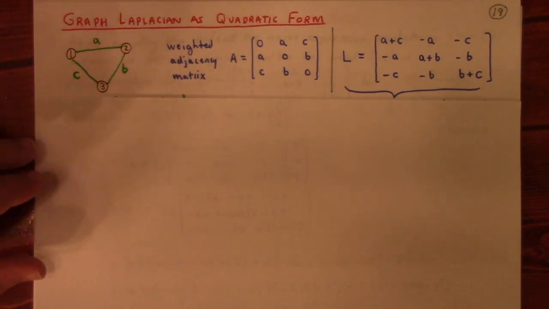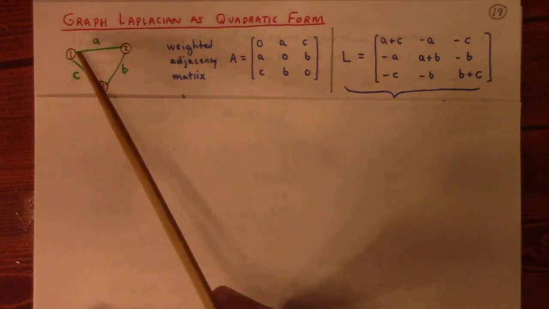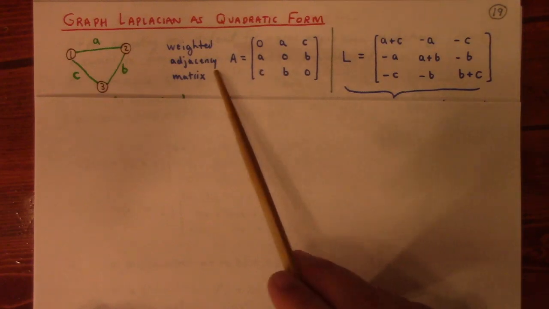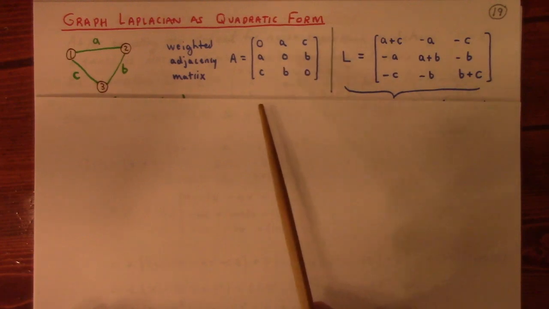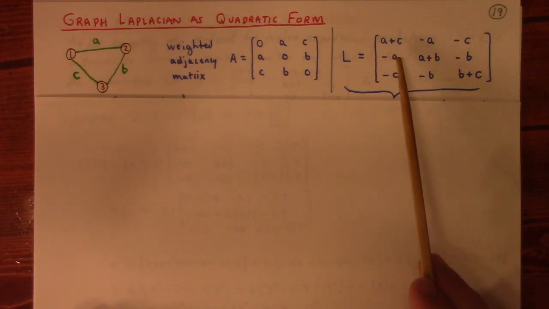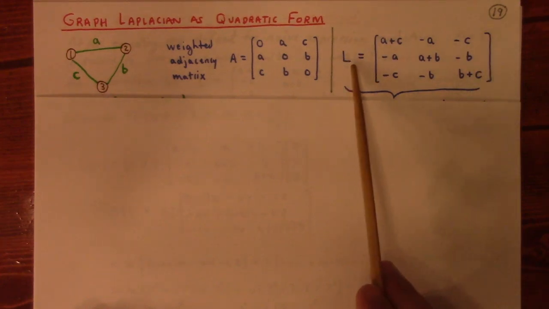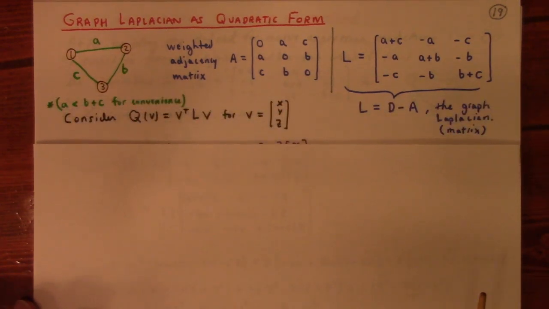Anyway, suppose you've got vertices 1, 2, and 3 with weights A, B, and C. This gives us the weighted adjacency matrix, with rows 0 A C, A 0 B, C B 0, and the corresponding graph Laplacian over here: A plus C, A plus B, B plus C on the diagonals, and minus A, minus C, minus A, minus B, minus C, minus B off the diagonal. Quick check: the sum of any row or any column is 0. Very good. Now, that's the graph Laplacian, and it's symmetric.